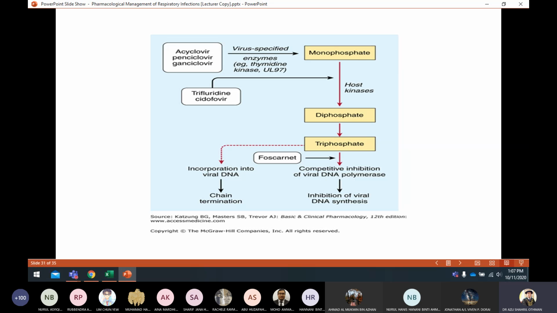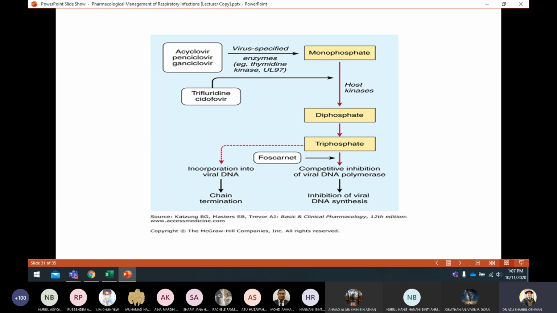So there are cases where there are reduced numbers of thymidine kinase, or there are mutations of thymidine kinase, or there is even absent thymidine kinase. If it's not there, the drug will not be able to be activated and it will not work in that particular virus. So that is why foscarnet is important to remember. Foscarnet does not require all that, and it is a viable alternative in cases of resistance.